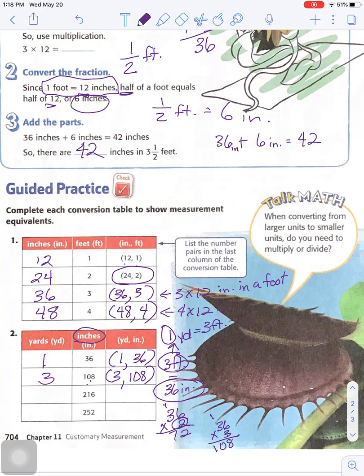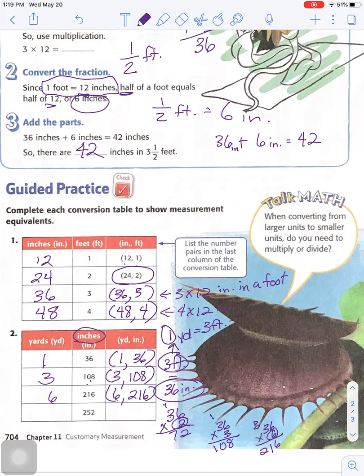I'm going to try 6 just because I want to see if it's a pattern. How about 36 times 6? 6 times 6 is 36. 3 times 6 is 18, 19, 20, 21, 216. It is 6 yards, 216 inches.